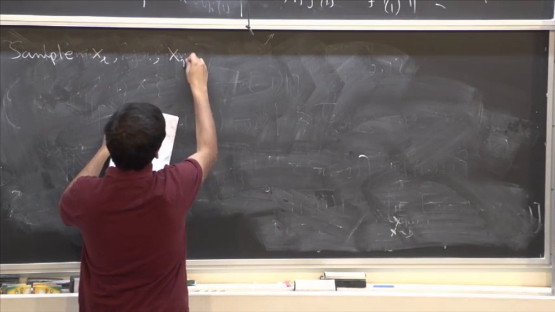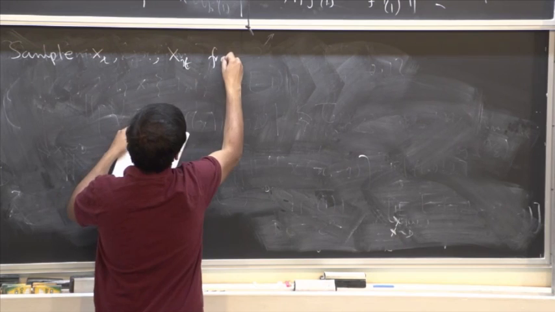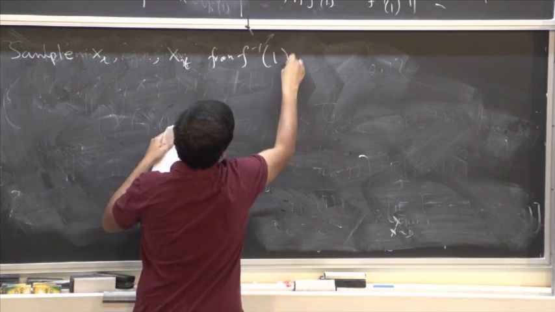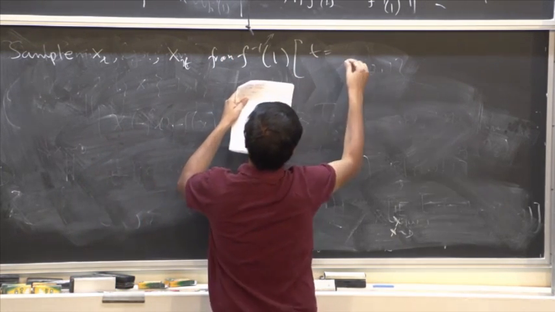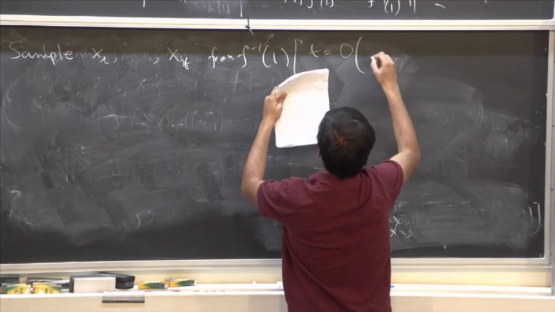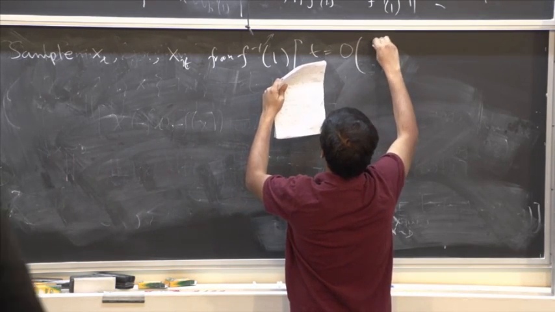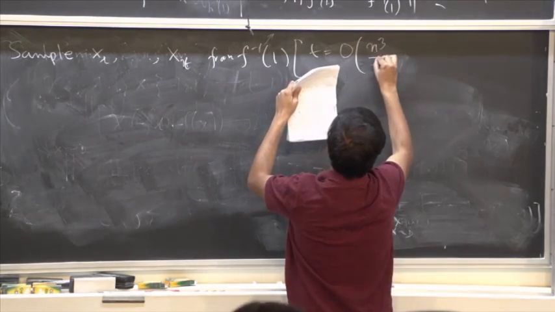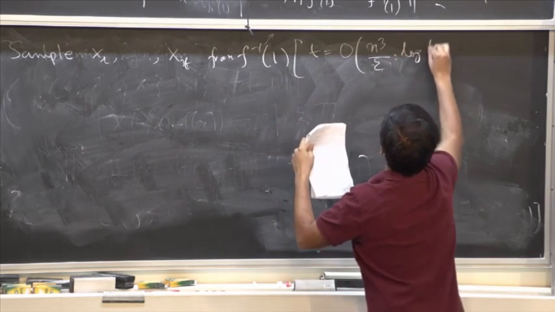Let's say xt from f inverse 1, where t is of order, let's say, n cube over epsilon times log 1 over delta.